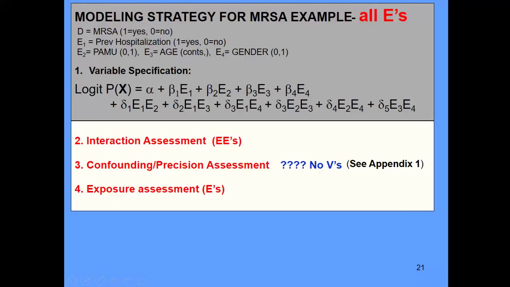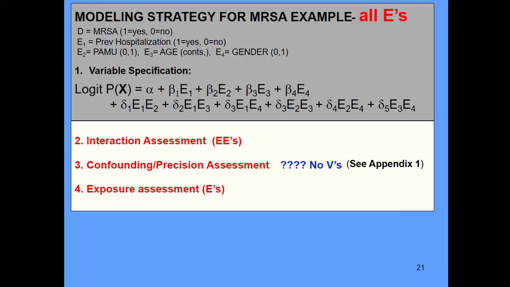If there are no V's in the model, should you do confounding or precision assessment? It's sort of debatable to some extent. It's debatable, but I don't like it. Just because I don't like it doesn't mean I'm right. But it's so debatable that to describe how debatable it is, I spent a lot of time writing what's now in Appendix 1, and I don't have time to talk about it.